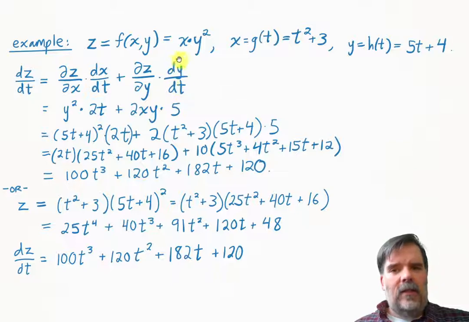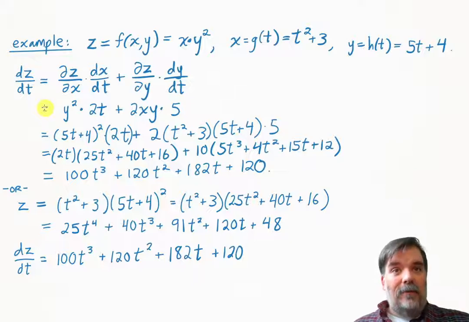And dy/dt, the derivative of 5t plus 4, that's 5. And so that's your answer right there. And depending on what kind of a problem you have, you could theoretically stop there. If you have values for t, x, and y, you could plug them in at this point and then be done.